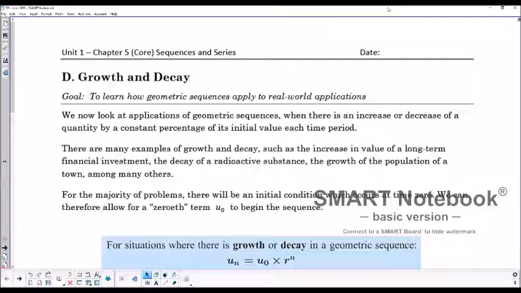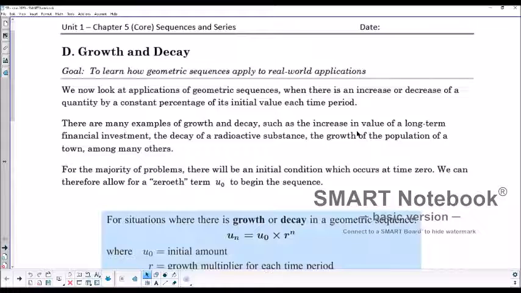We're going to be moving along and expanding on the knowledge that you learned from Section 5C, geometric sequences, right? Today our goal is learning how they apply to real-world applications.